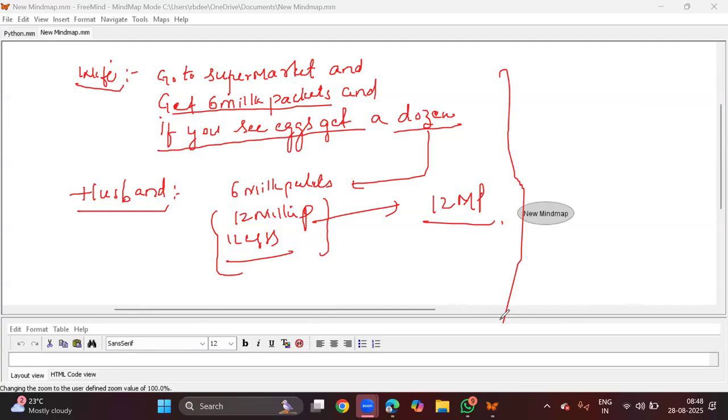The wife said 6 milk packets. If the husband is having doubt, he should call her back and ask once again, but he is unable to. Exactly. Now, whose mistake is that? The husband's mistake. Now, who is the husband? Data scientist. The wife is the client.